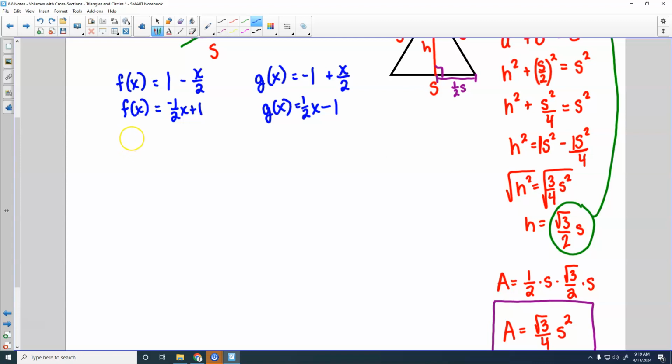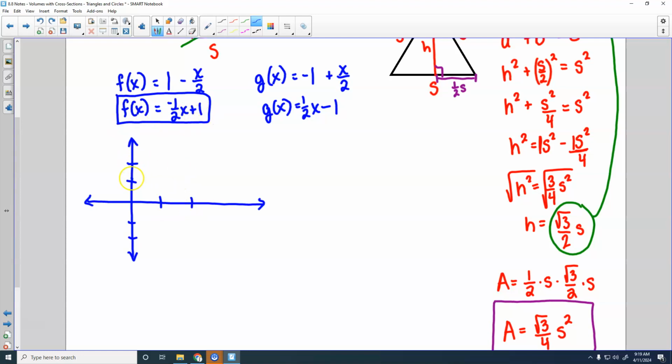So if I graph this, we'll do this first one blue. I've got a y-intercept at 1 and a slope of negative 1/2, so I go down 1 to the right 2, and that is going to give me the blue line that I have here.